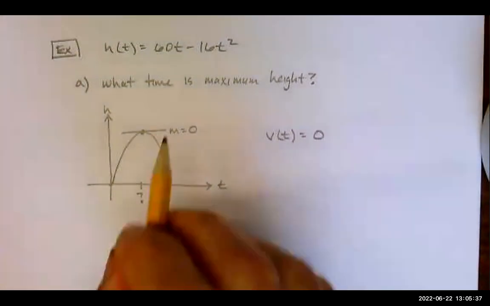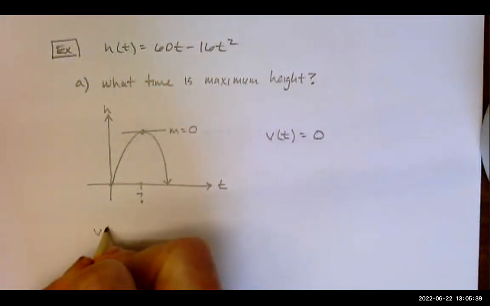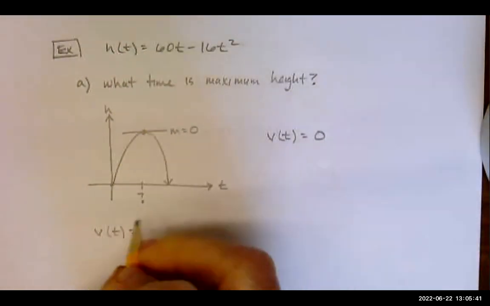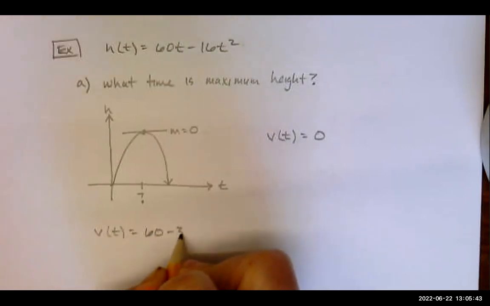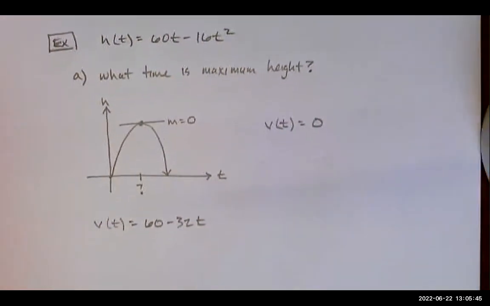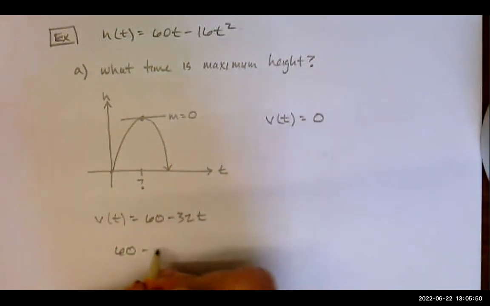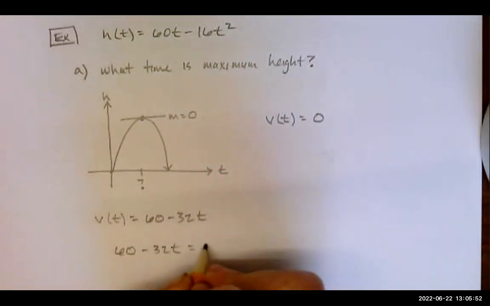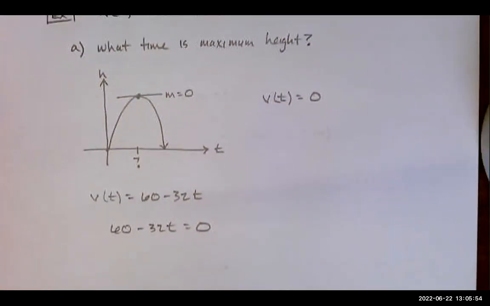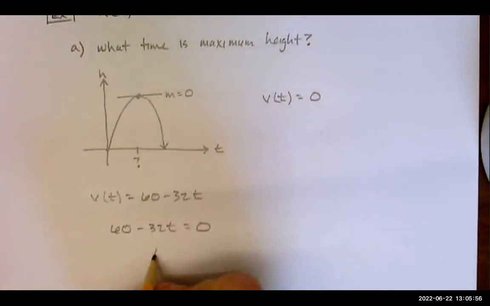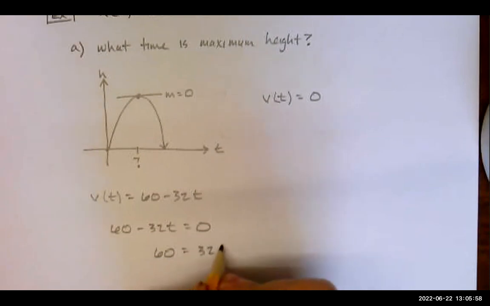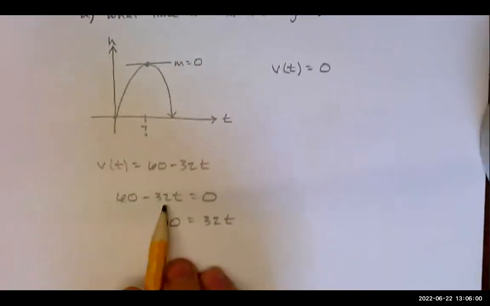Okay, let's see. Well, our derivative, not too bad, 60 - 32t. And so if we set that equal to 0 and solve for t, 60 = 32t.